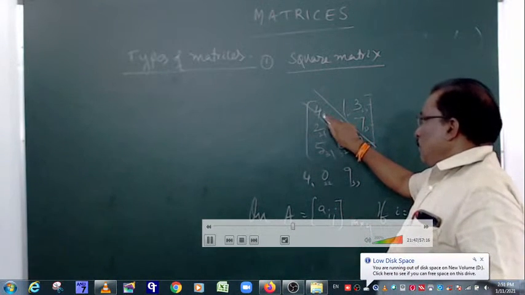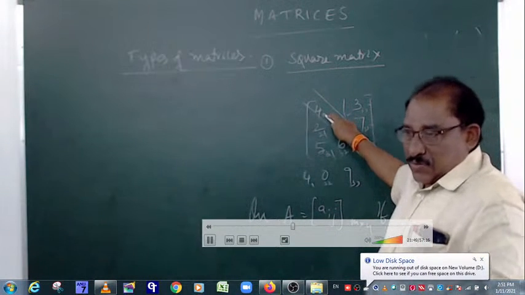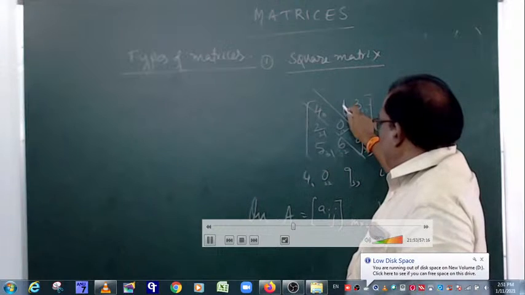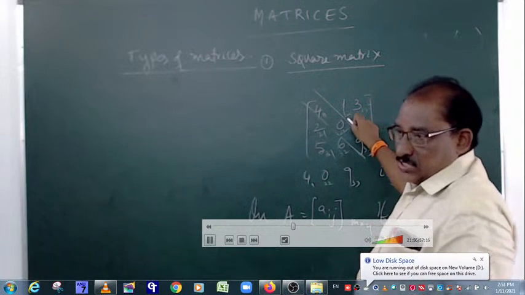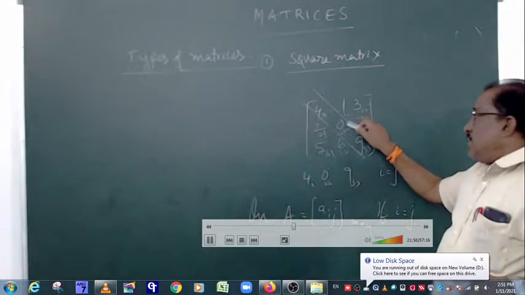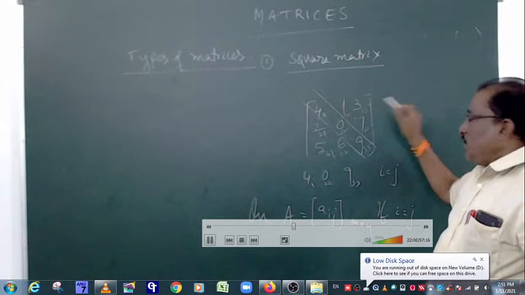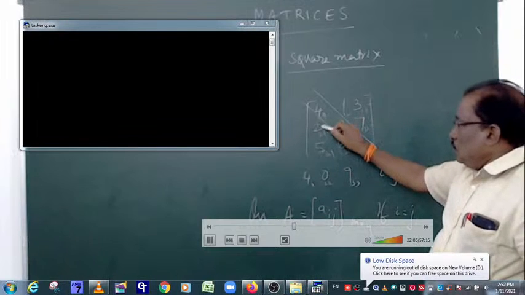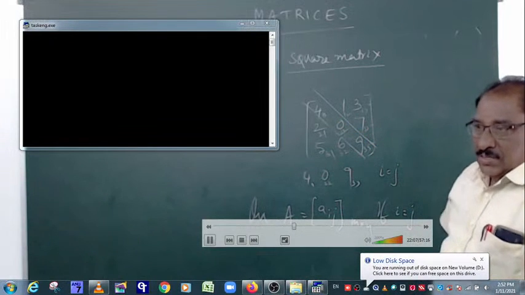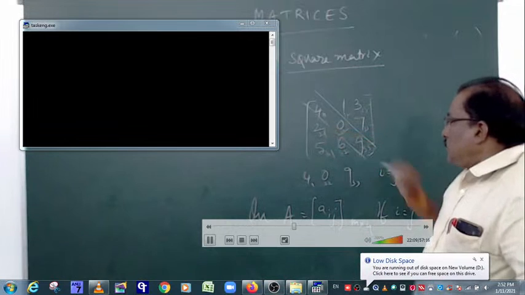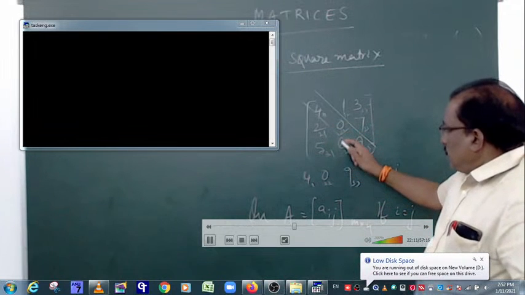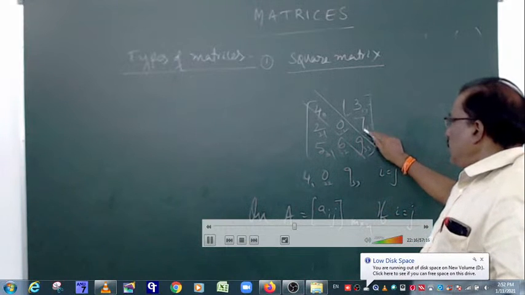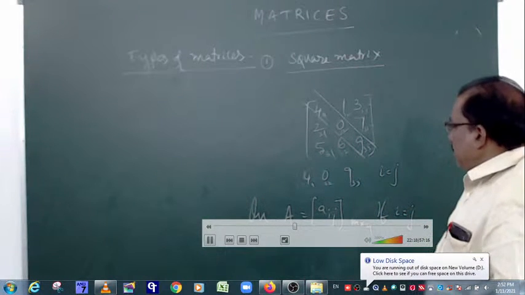What is the 4 position? That means first row and first column. 1 is the 1 2 position, first row, second column. 3 is the 1 3 position, first row, third column. 2 is the 2 1 position, second row, first column. 2 2 is second row, second column. 2 3 is second row, third column.